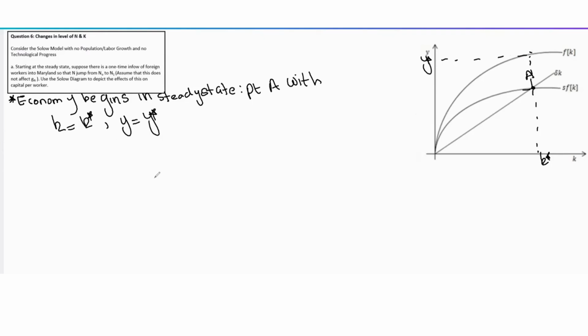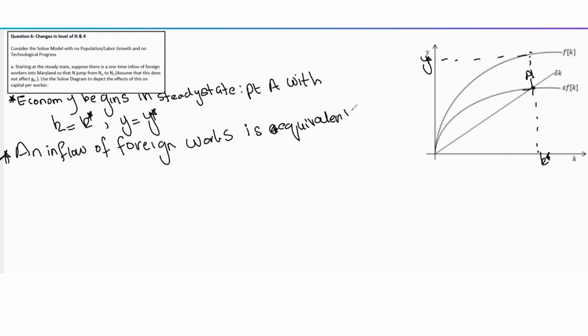Now there's an inflow of foreign workers in this economy, so there's immigration, and an inflow of foreign workers is equivalent to an increase in capital N. Remember, we define capital per worker small k as capital K divided by N. So capital N increases, so small k goes down.